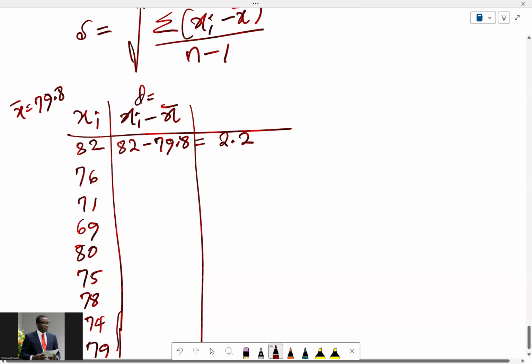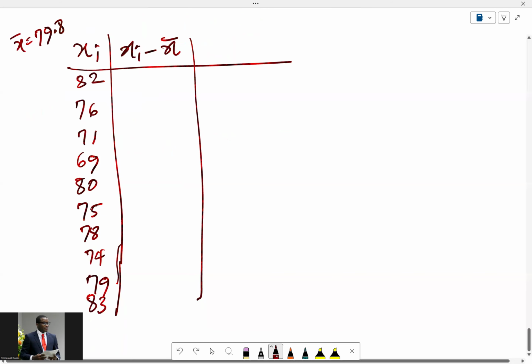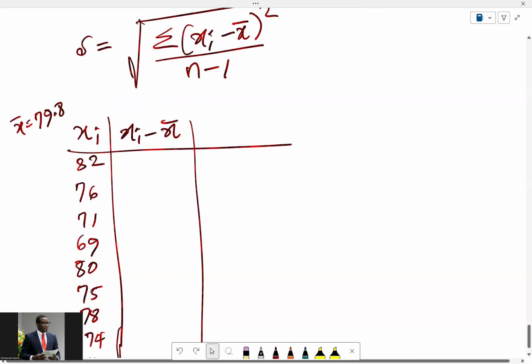I'm thinking, can we just do it straight? Let's do it straight to save time. Normally we should subtract first, but I just want to do the square straight, so we just get our answer and move on.